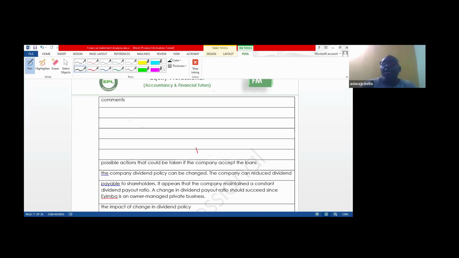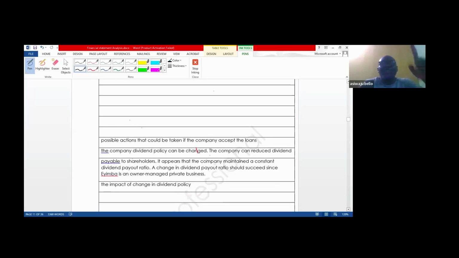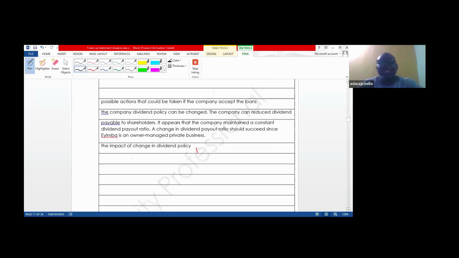In this case, before you pay dividends, settle the loan first. Look at it. The impact of changing dividend policy. You have the year 1, year 2, year 3, year 4. Go and pick your profit after tax. Before you pay dividends, first of all, settle the loan repayments.